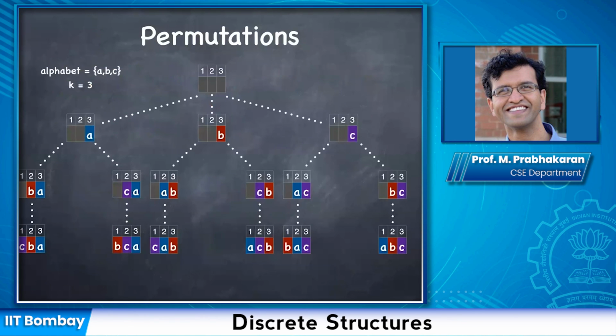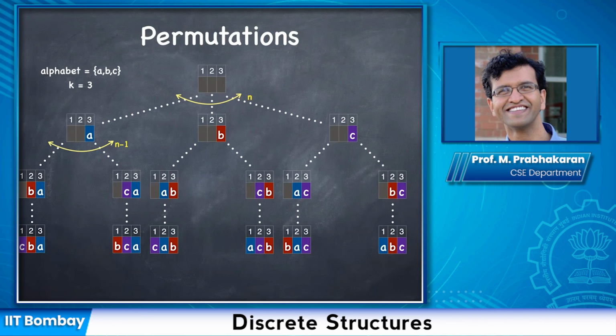To illustrate forming these permutations, here's our example again. This time I'm using an alphabet of size 3, so that I can pick permutations of length 3. So my alphabet is ABC. The last position I can pick in one of 3 ways, so there are n ways I could fill the last position.